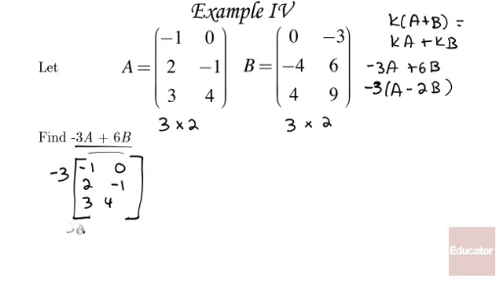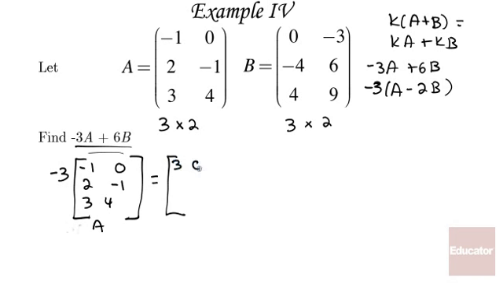So this is negative 3 and A, and I want to find negative 3A. Recall that all we're going to do is multiply each element of the matrix by the scalar. And that will give me 3 here.